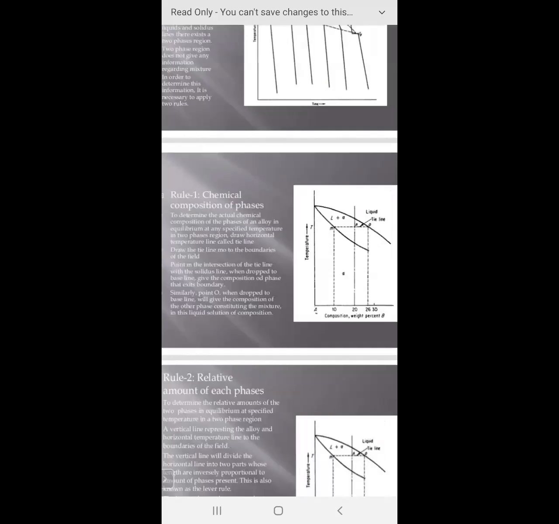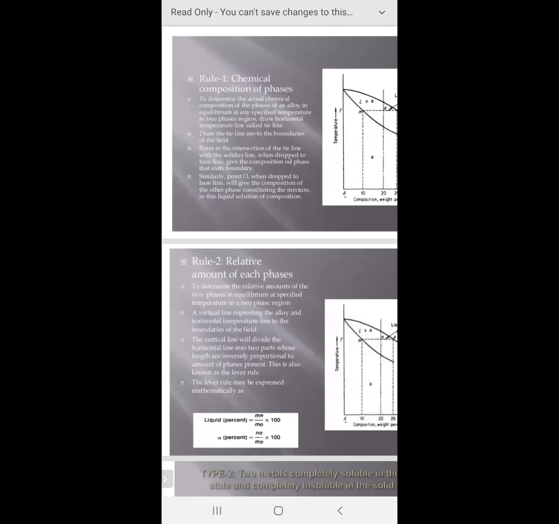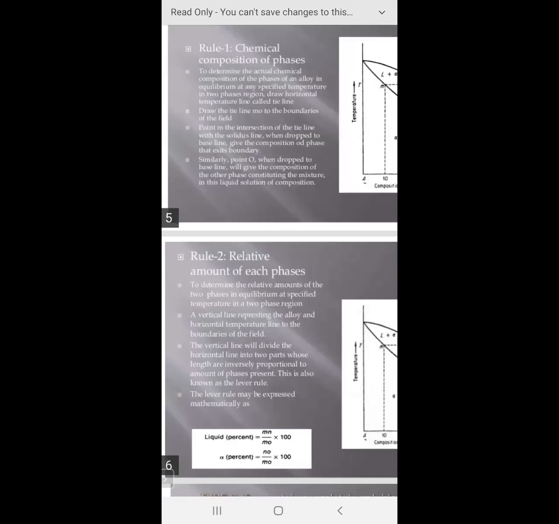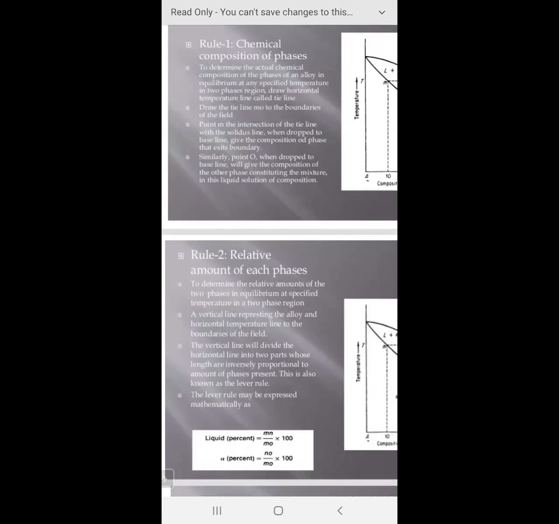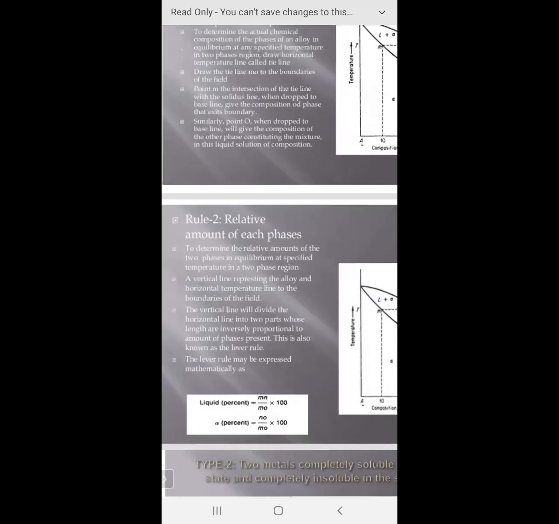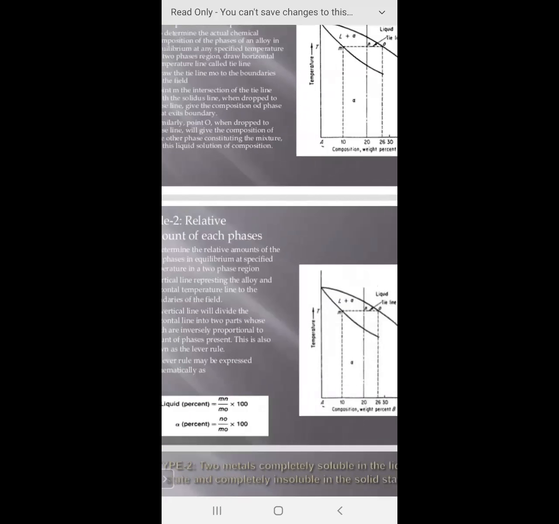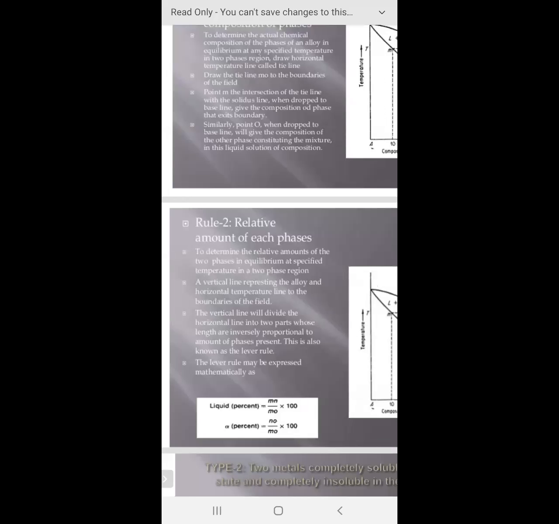Next, rule 2 is the relative amount of each phase. To determine the relative amounts of the two phases in equilibrium at a specified temperature in a two phase region, a vertical line representing the alloy composition and the horizontal temperature line are drawn to the boundaries of the field.